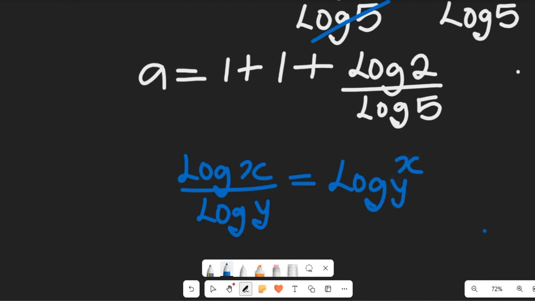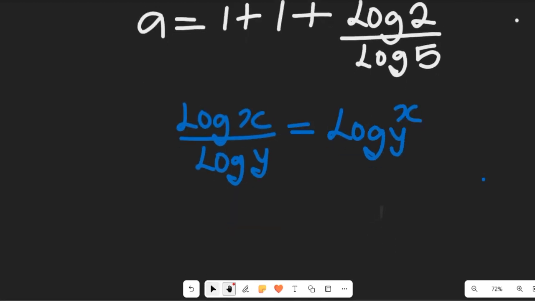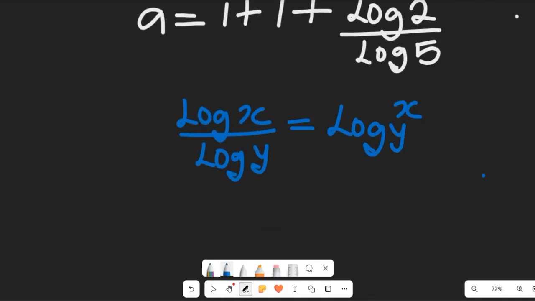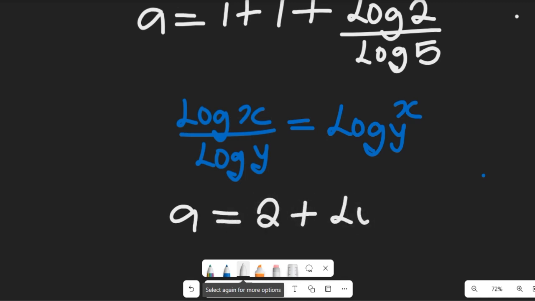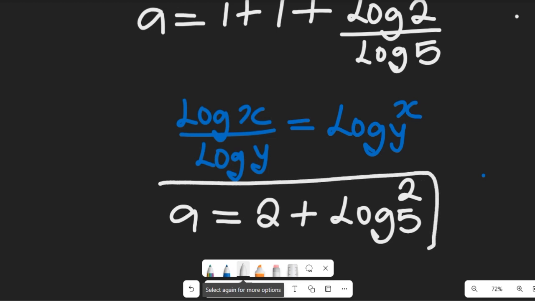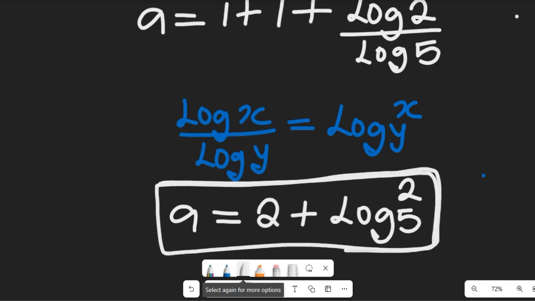So if we apply it over there, we'll have that expression to now give us the log of a to be equal to 1 plus 1 is 2 plus the log of 2 base 5, and this is the solution to that math expression given to us up here.